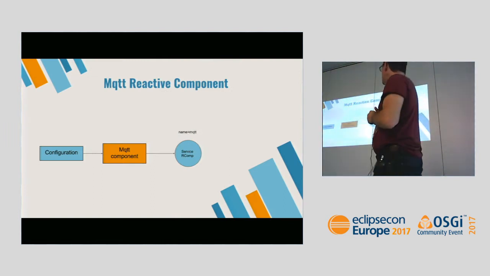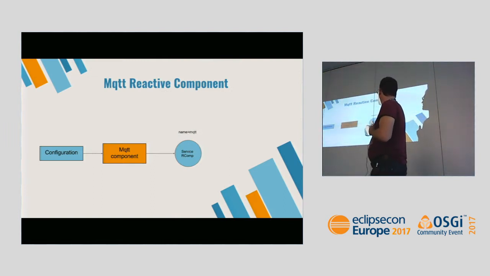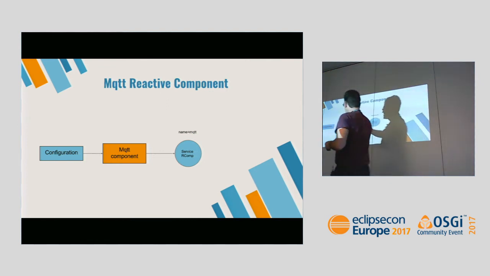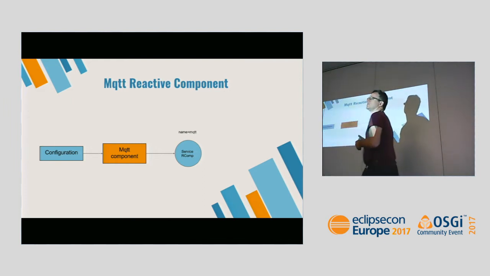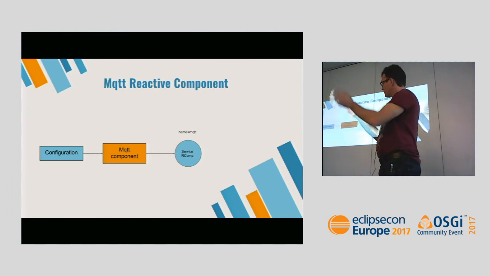As an example, the MQTT Reactive Component is very simple. It's a declarative services component that expects a configuration where you can say where's the server, username, password. This is all part of that component.